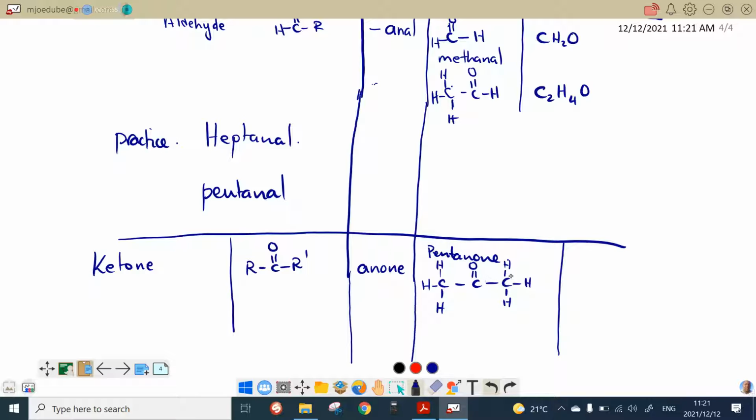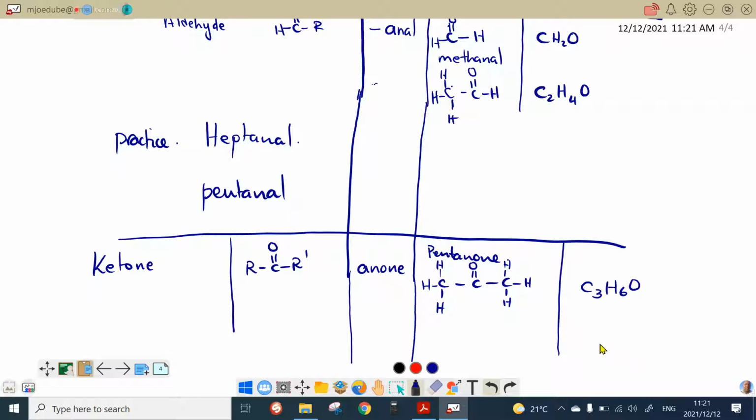And then the molecular formula would be C3, and then count the hydrogens, 1, 2, 3, 4, 5, 6, H6, and then your O. So C3H6O, and that is an example of a ketone.